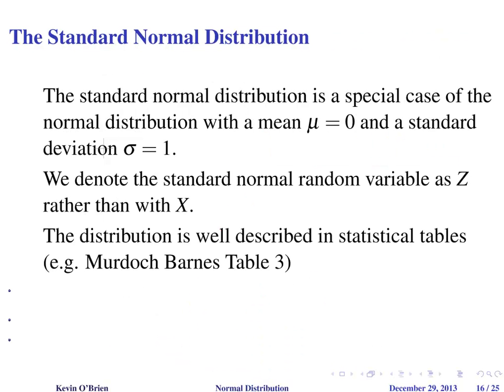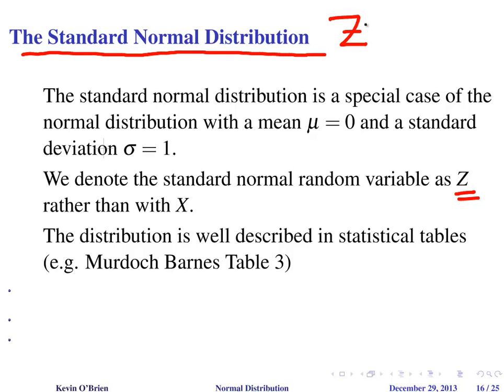Moving on, this is a very important one. This is called the standard normal distribution. I am going to call it the Z distribution, to emphasize it as a special distribution in its own right.